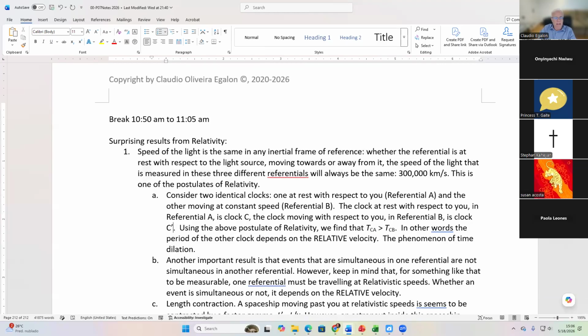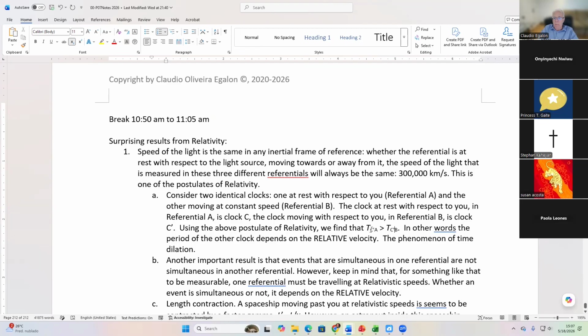Using the above postulate of relativity, we find that T of C prime measured in A is greater than T of C prime measured in B. That's what we call time dilation.